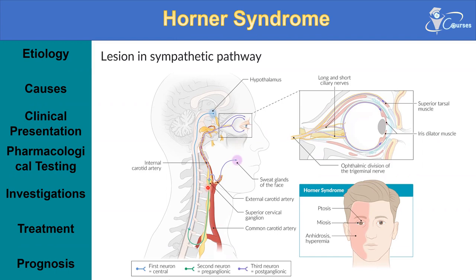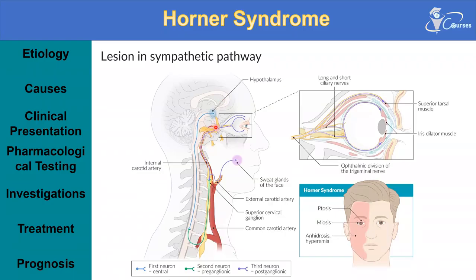Fibers relay in the superior cervical ganglion since it is a sympathetic ganglion. Then postganglionic fibers pass with the internal carotid artery until they reach the ophthalmic nerve.